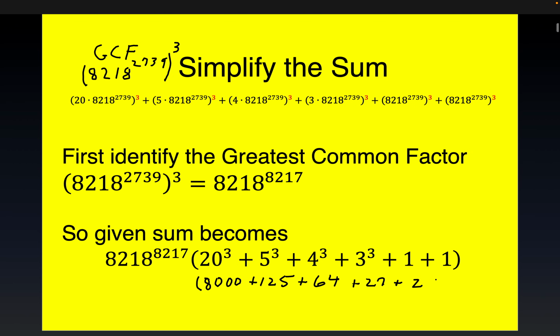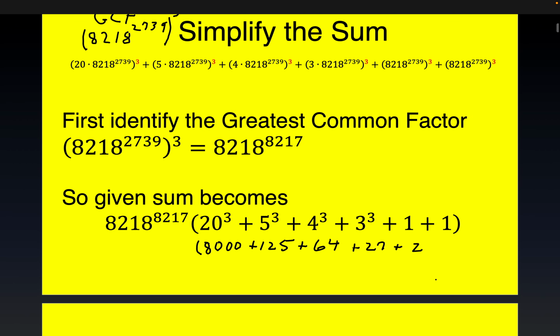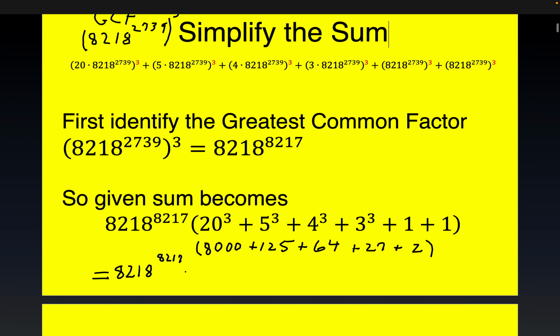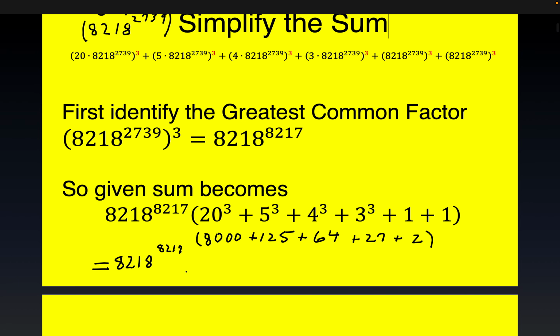Now you'll notice, and this was by design, this comes out to be exactly the value of the base, 8218. And so this is all equal to 8218 elevated to the 8217. Then out here, and you can verify that this sum right here is the value of the base.